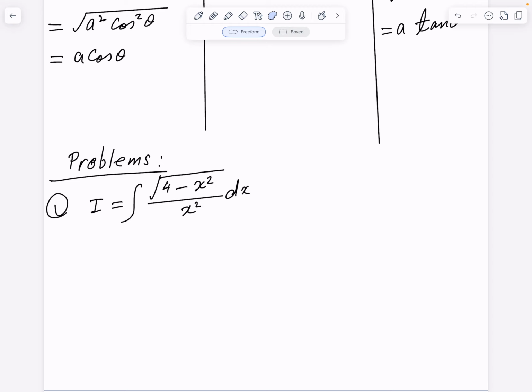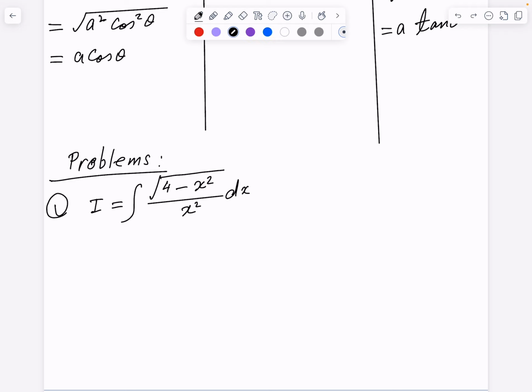This is problem number 1. I equals the square root of 4 minus x squared divided by x squared dx. So in here we're going to have the integral of, but before writing the integral, let's do the substitution.